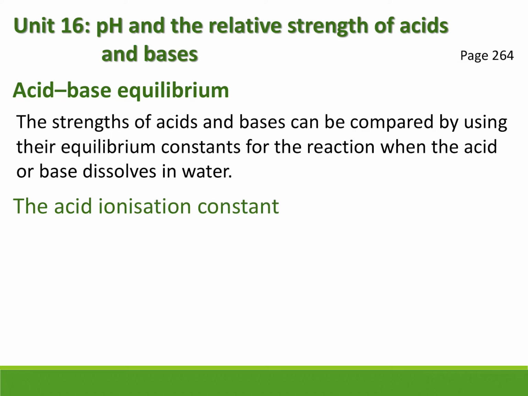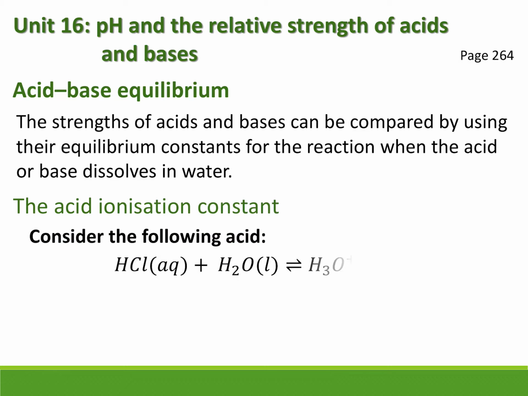So when we look at an acid, the acid ionization constant is actually fairly straightforward. What we have here, and this is just an example, is the acid, which we're going to put into water, and we get H3O+ and Cl-. This was an equilibrium question.